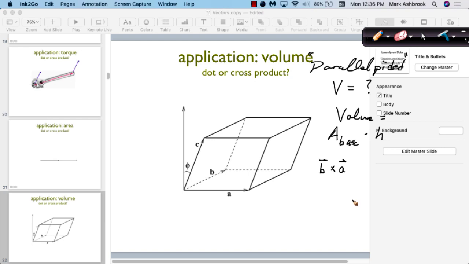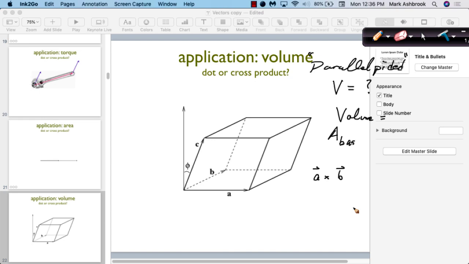Or A cross B, sorry. Okay, that's okay. So you said the direction will be straight up. And why'd you choose cross product? Because you want to find the vector that's perpendicular to those two.